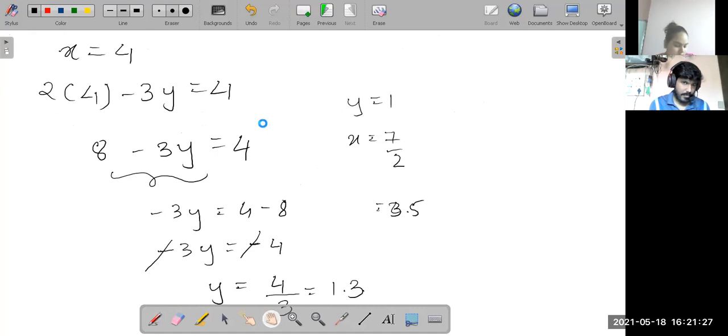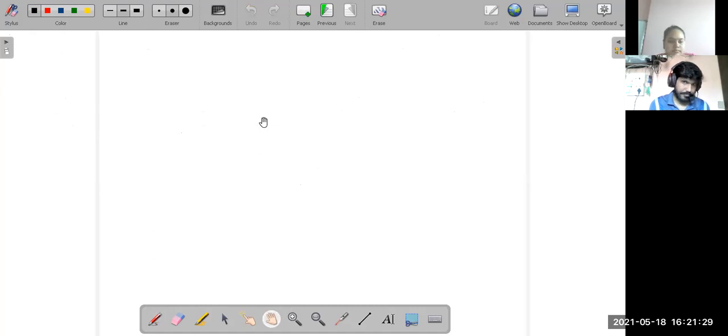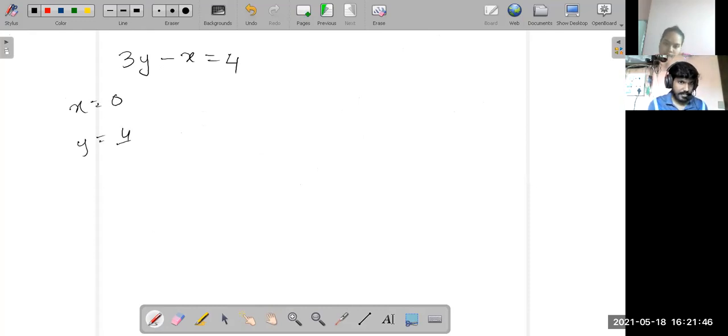Equation 2 of 6. Next equation is 3y minus x is equal to 4. Okay, first is correct. When x is 0, y is 4 upon 3. This is correct.